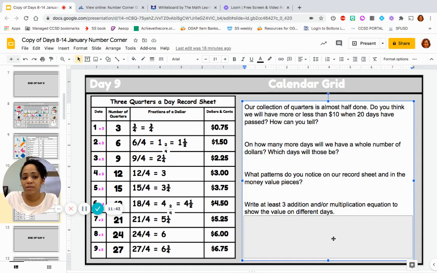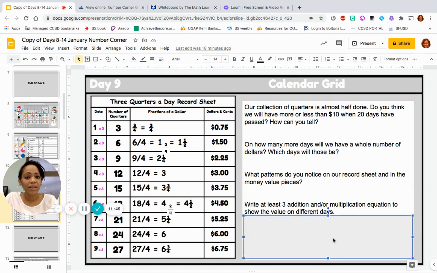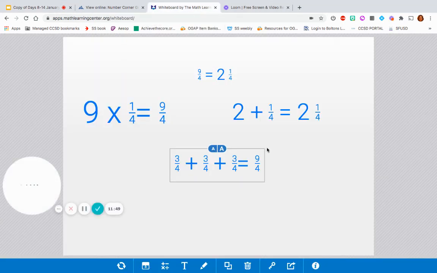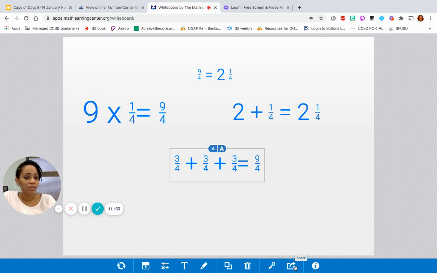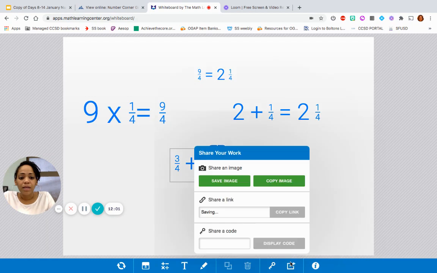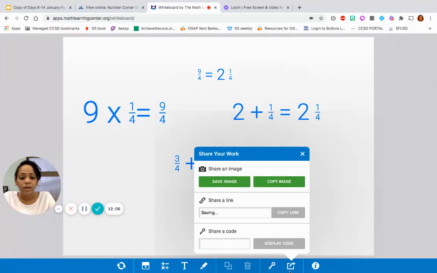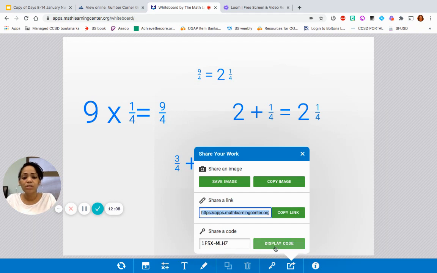So I need you guys to write 3 different equations, and I would love for you to do it on the Whiteboard app, just like I did. And remember, you can share your code with your teacher so that she knows you're doing the work that you're supposed to be doing. And the way you do that is once you have your equations written down, you press this box here with the arrow and the rectangle, and it will display a code.